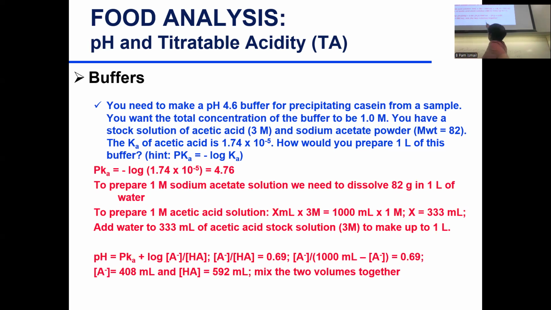Then we mix them together, they equal to 1 liter. This way, it's just a different way of thinking about it, is unifying the units, prepare 1 molar of each, and then just mix volumes together. So whatever way you find easier for you, use. So that's why I provided 2 ways. Okay?